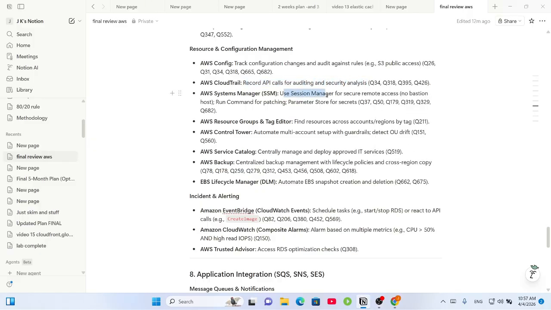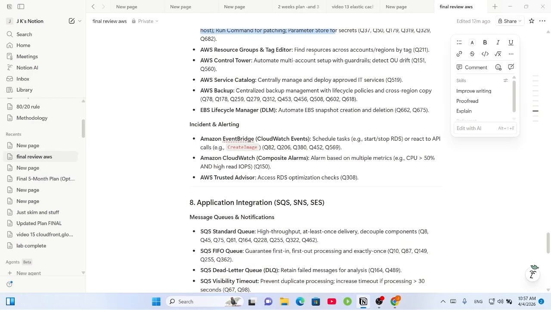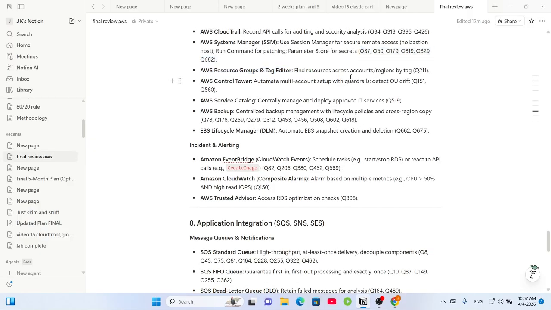Systems Manager is used for secure remote access, no bastion host. You can use Systems Manager Run Command for patching, Parameter Store for secrets. This is AWS Systems Manager. AWS Resource Groups or Tag Editor find resources across accounts and regions by tags.